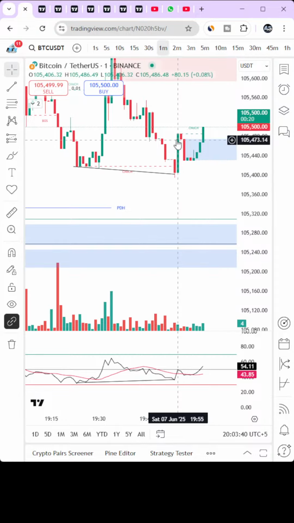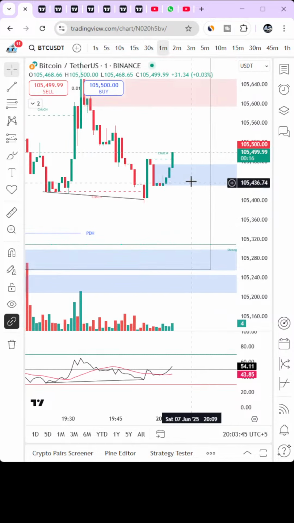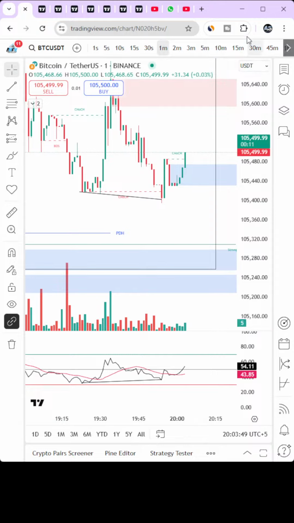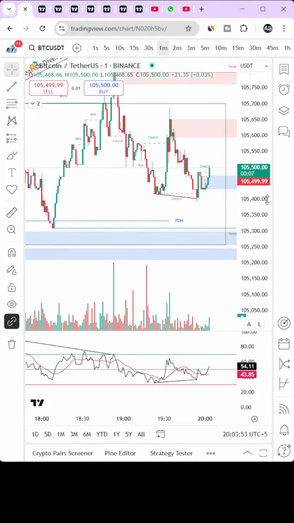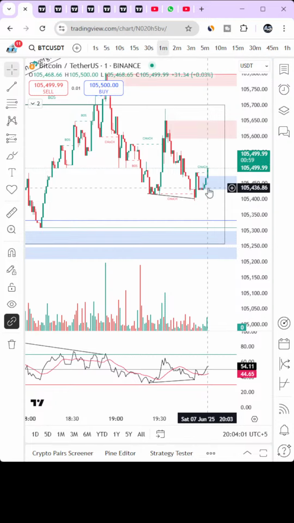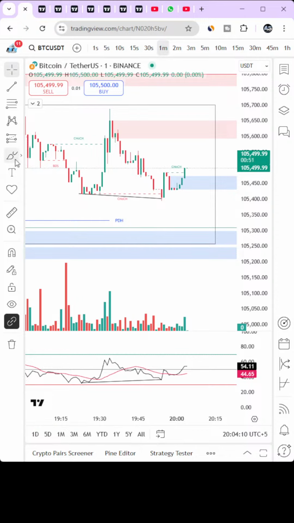When this engulfing candle was closed after its retracement, we could take the buy. But this is totally consolidation. We can be liquidated here. If we sit here in a buy, the market can come again to the sell side after filling this fair value gap.